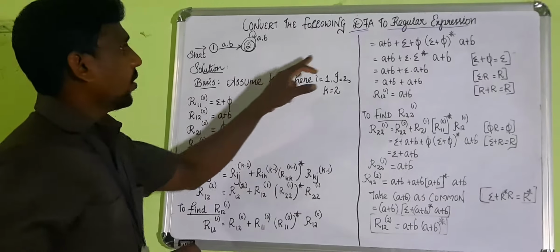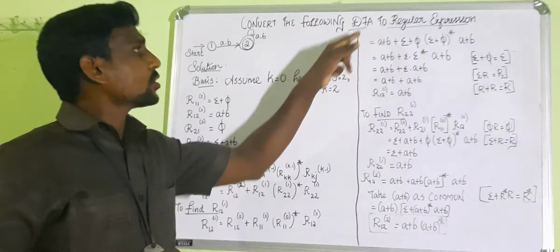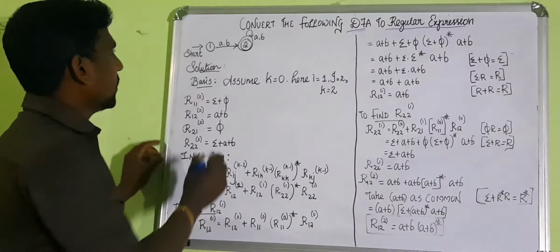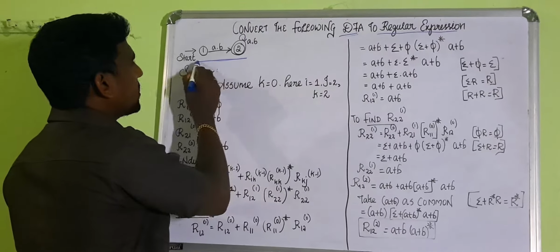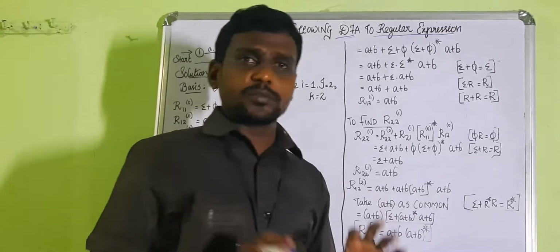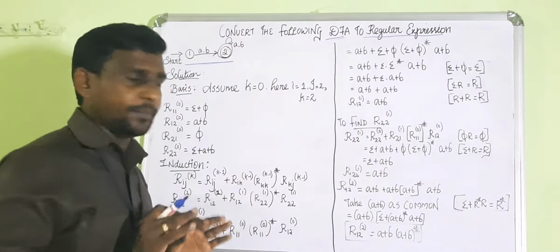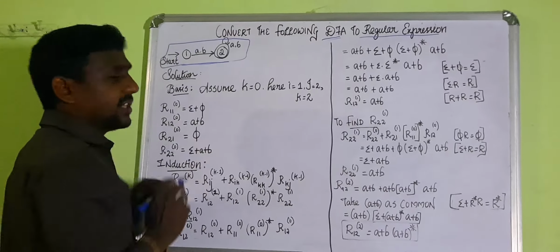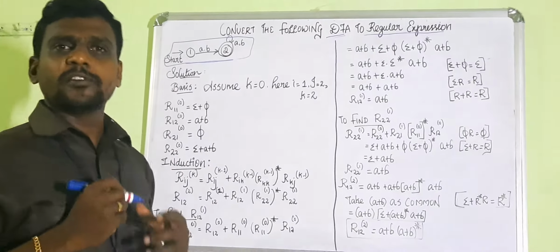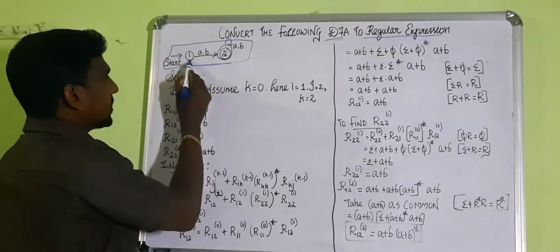Once again, this is the second problem: how to convert DFA to regular expression. First you have to check whether the given automata is a DFA. What is the rule for a DFA?